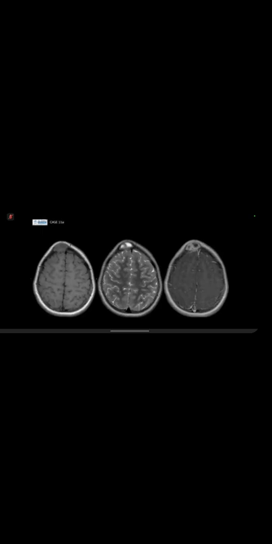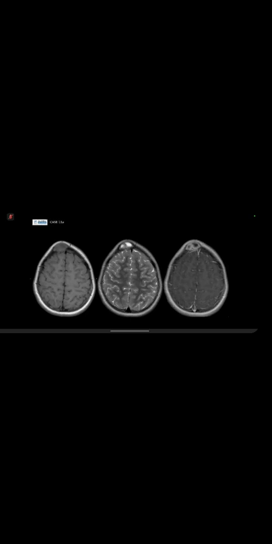Okay. This is an MRI in axial cuts of the brain. In the first one, the left side, this is the one submitted image. I see there is a right frontal midline extra-axial well-defined mass.